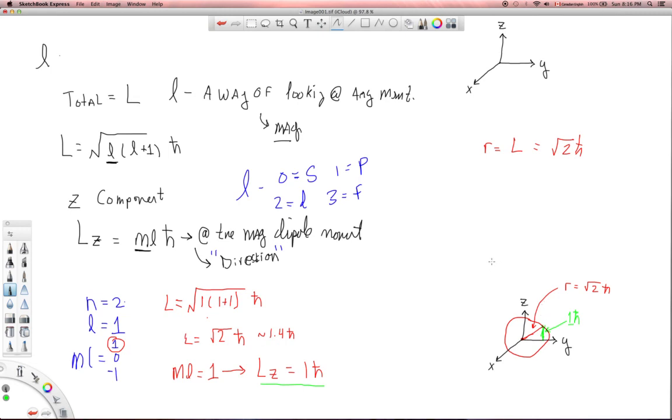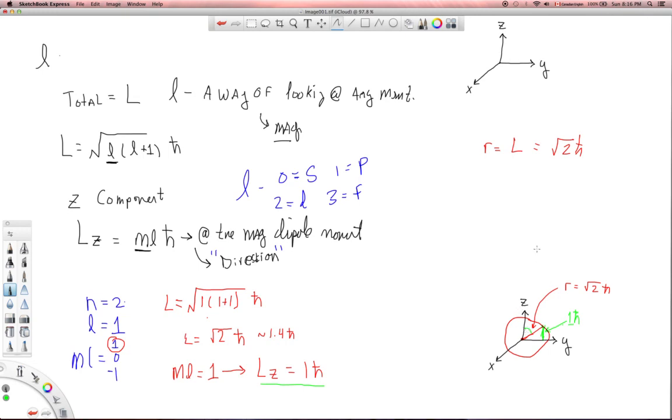Now, once I have this proper length here, this creates two different triangles. The angle I'm most interested in is this angle right here. If I can find that angle, it's going to tell me something really important.